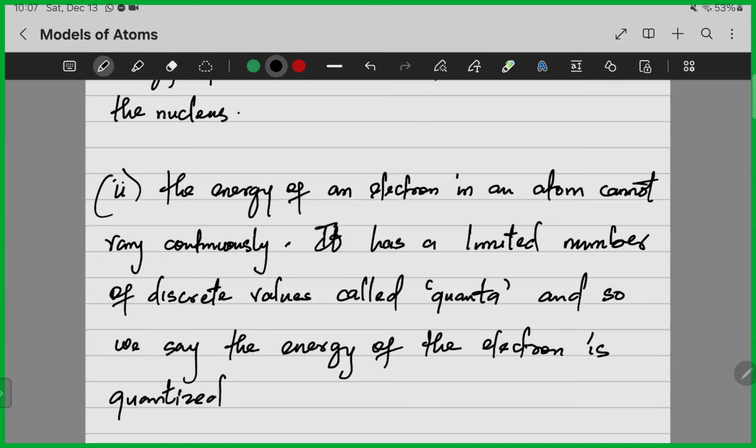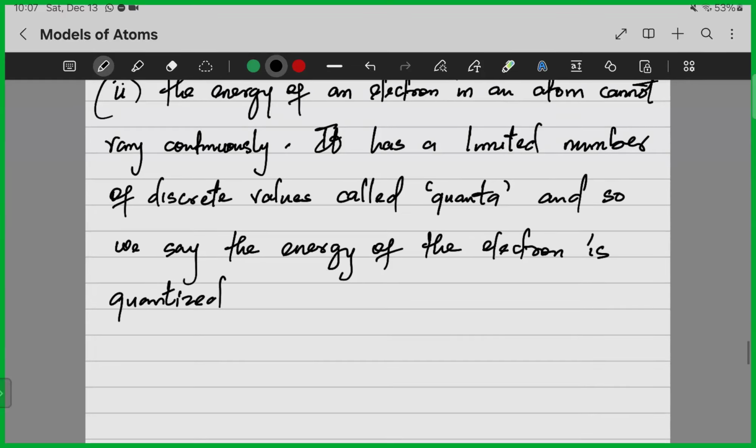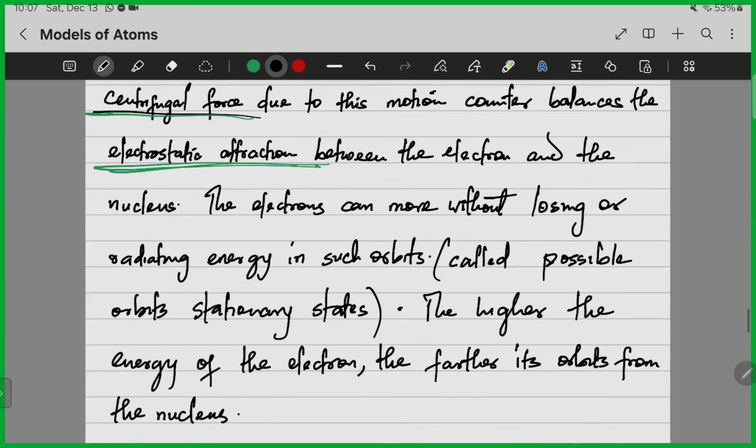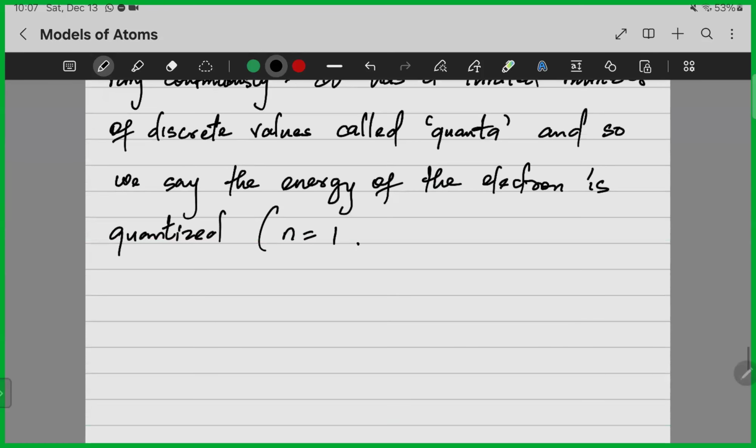The idea here is that the energy can exist in levels, like n equal to 1, n equal to 2, n equal to 3, like that. So you don't have things like 1.5, no. It only exists in quantized, discrete values like this.